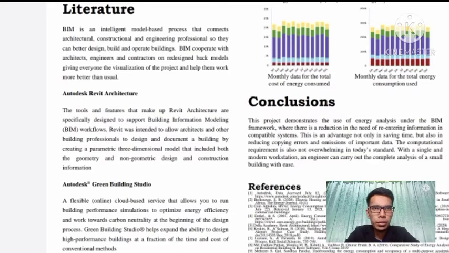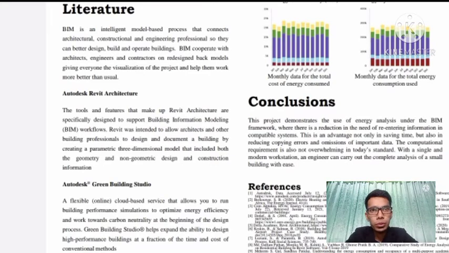And for the assessment tools for energy analysis, I take two software: Autodesk Revit Architecture Student version and Autodesk Green Building Studio (GBS). The tools and features that make up Revit Architecture are specifically designed to support building information modeling workflow.